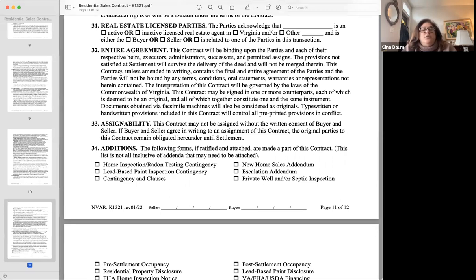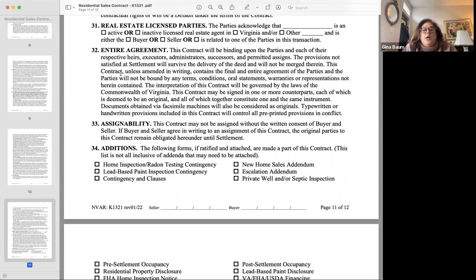The interpretation of this contract will be governed by the laws of the Commonwealth of Virginia. This contract may be signed in one or more counterparts, each of which is deemed to be an original, and all of which together constitute one and the same instrument. Documents obtained via facsimile machines will also be considered as originals. Typewritten or handwritten provisions included in this contract will control all pre-printed provisions in conflict.